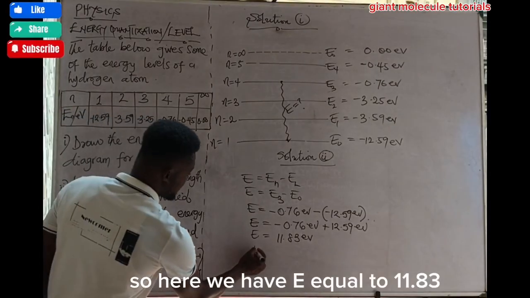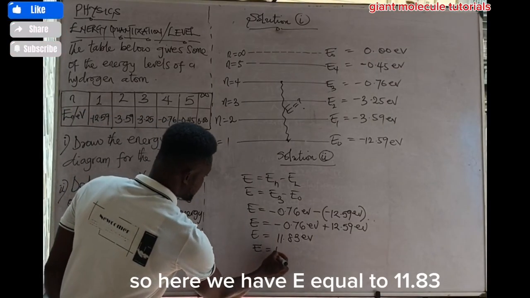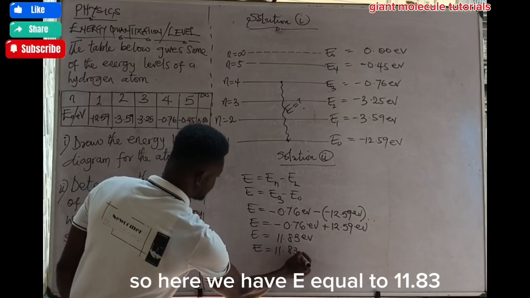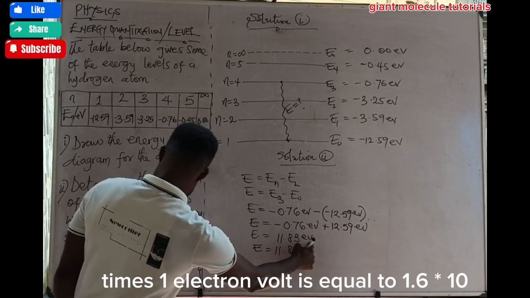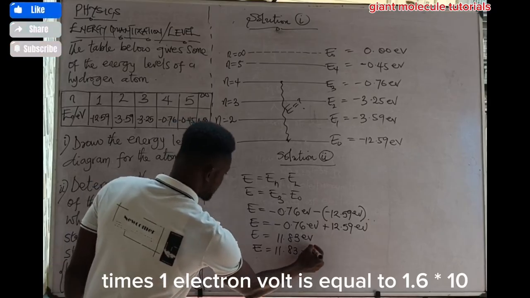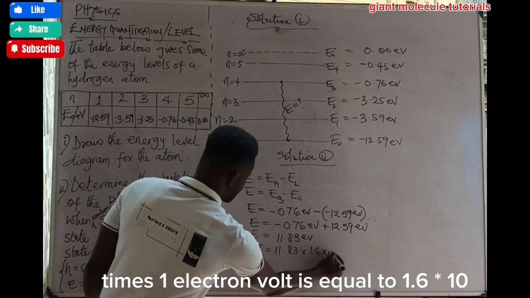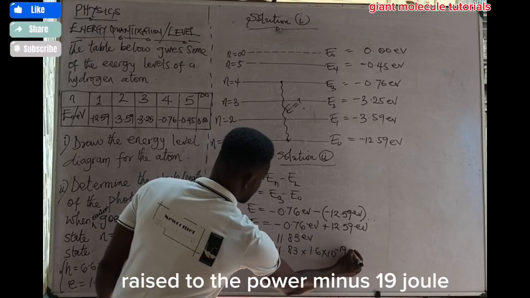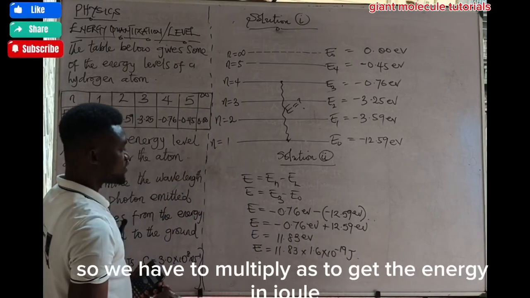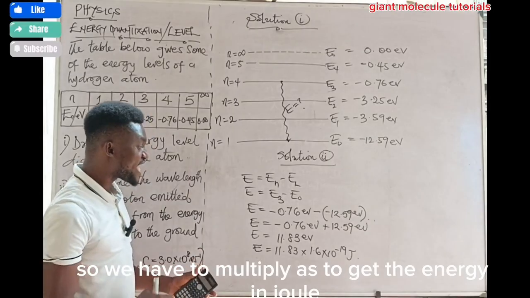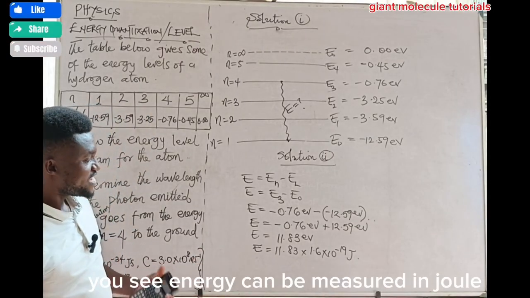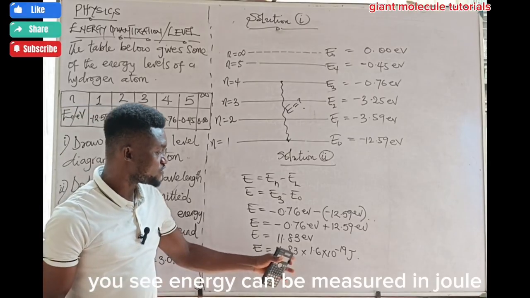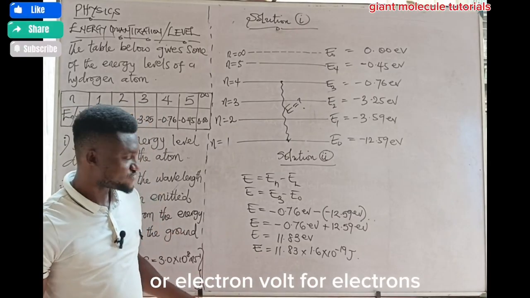So here we have E equal to 11.83 times 1 electron volt, which is equal to 1.6 times 10 raised to the power minus 19 joule. So we have to multiply to get the energy in joule.